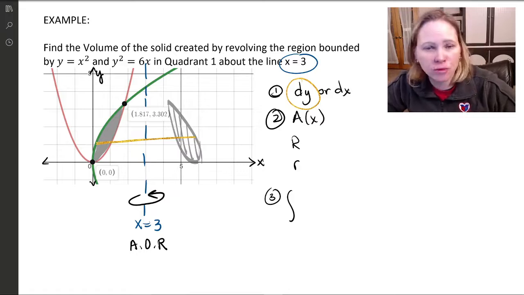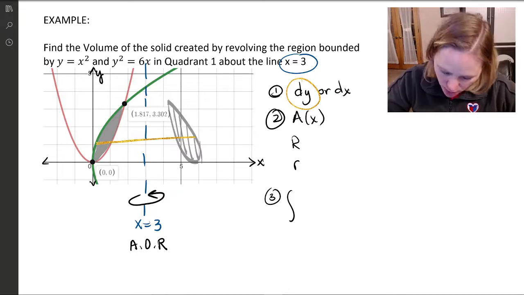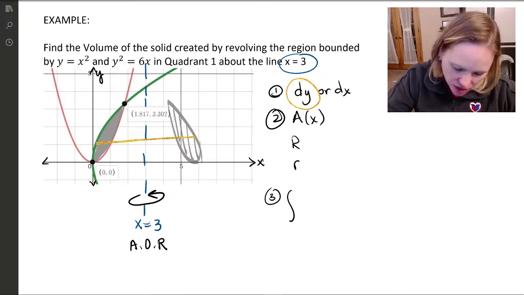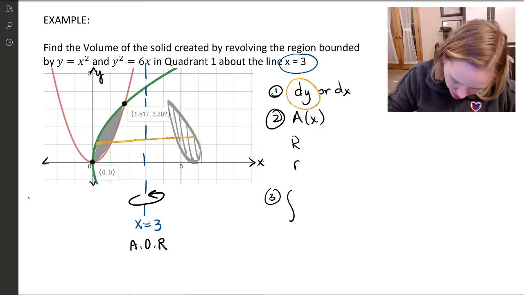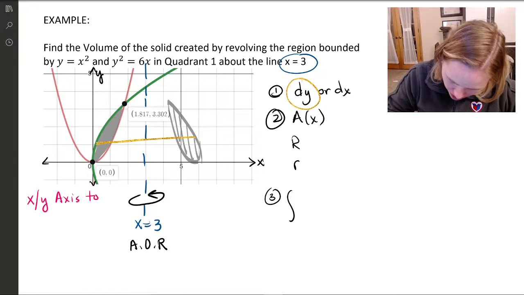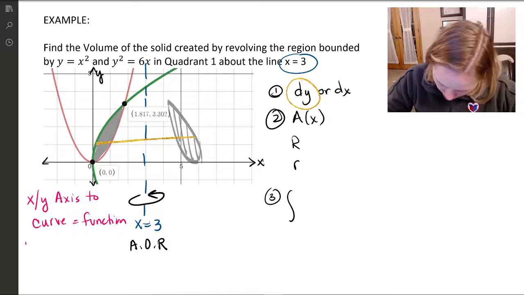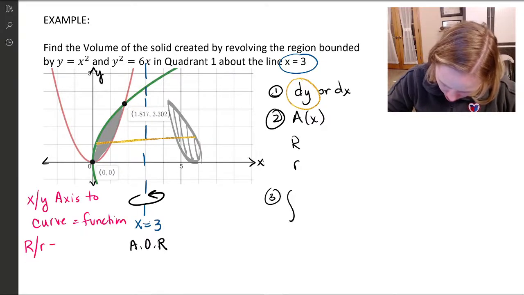Now we're going to determine big R and little r, and we're going to remember a few things. We're going to remember that the distance from the x or the y axis to the curve is always the function. Big R and little r is always the distance from the axis of revolution to the curve.